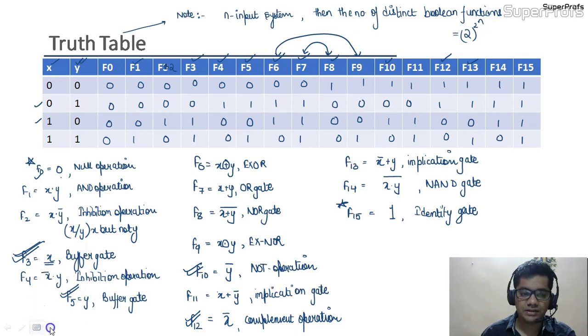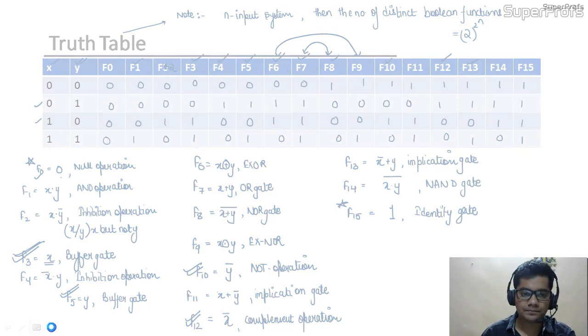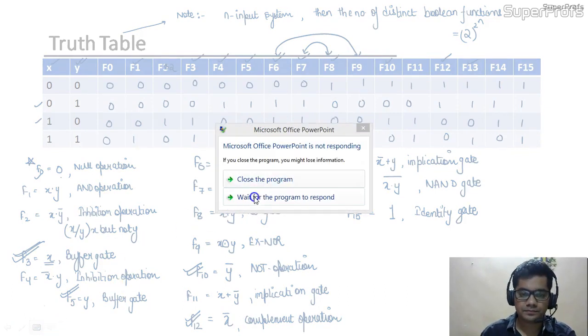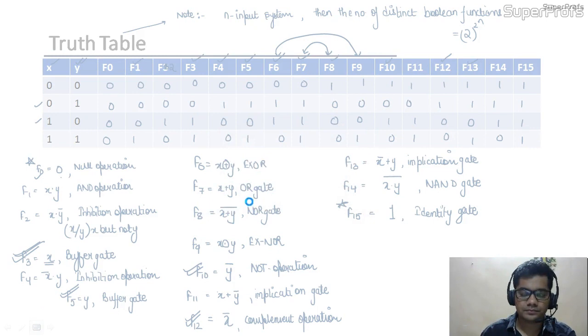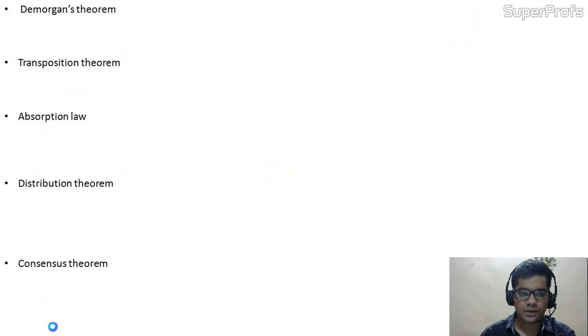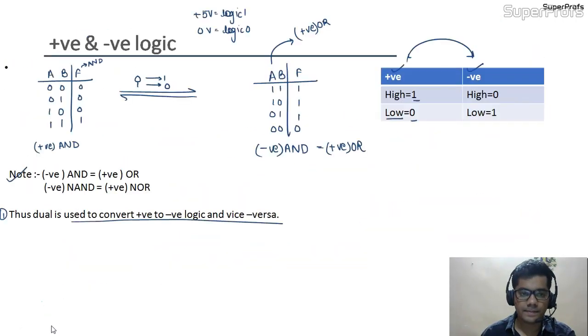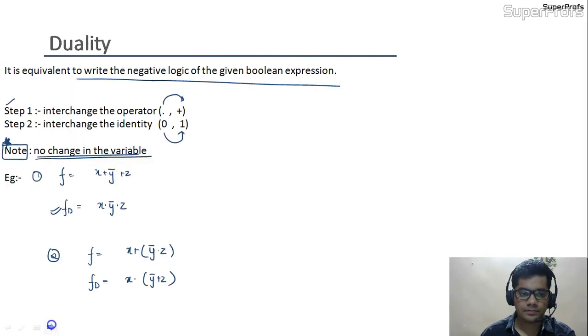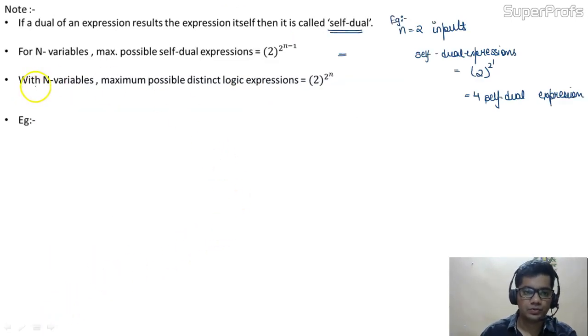So these were our self-dual expressions for a 2-input system. So this note is proved.